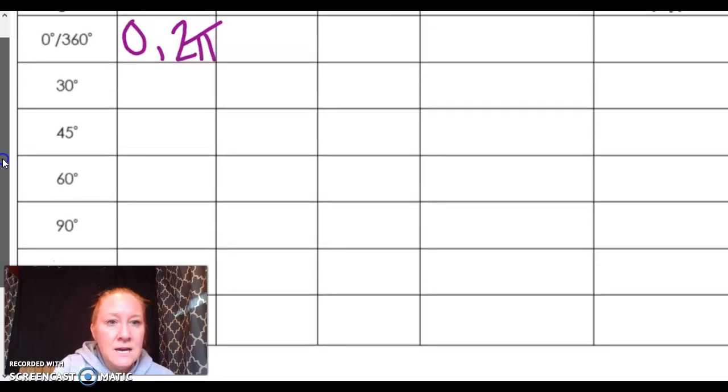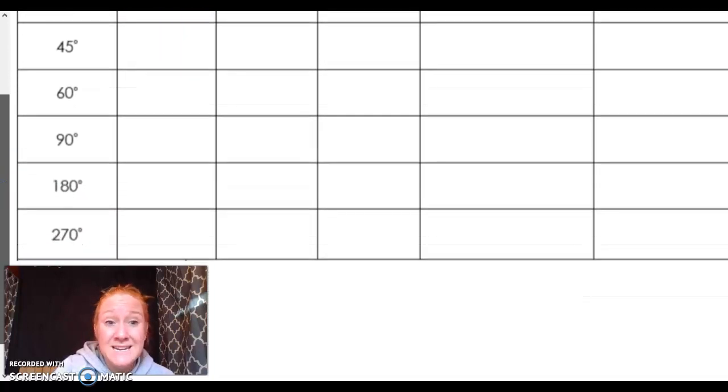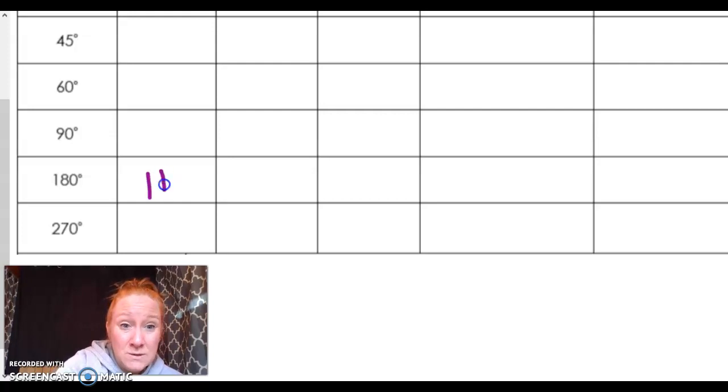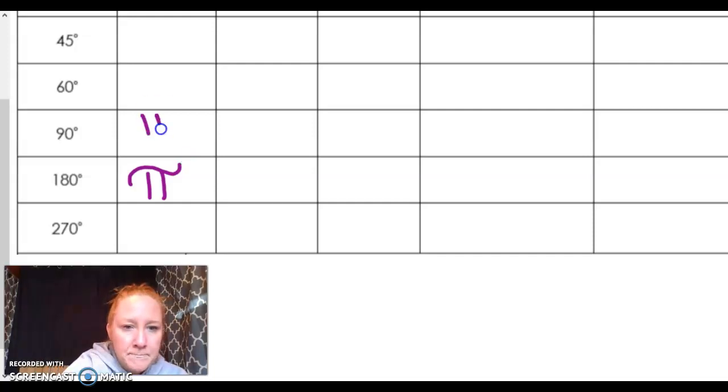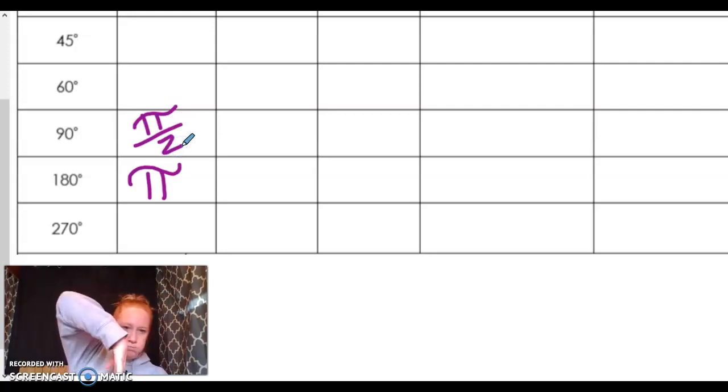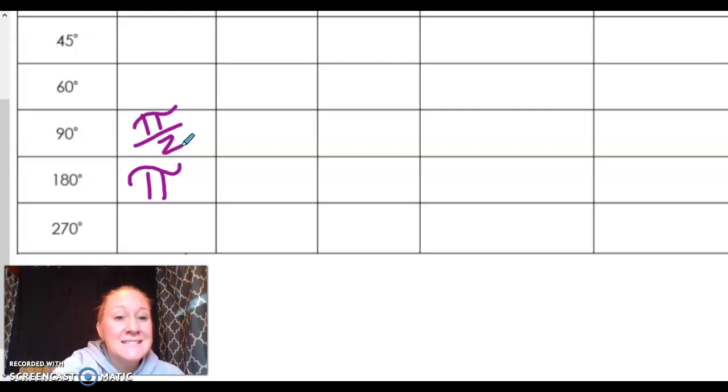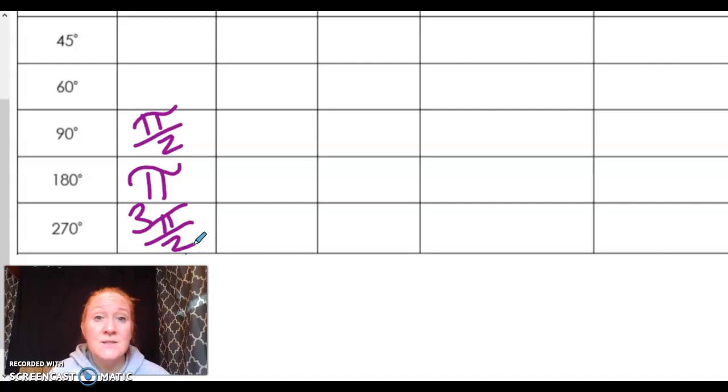Let's see. If 360 is 2 pi, then 180 is 1 pi. 90 is straight up. That's half of a pi, or pi over 2. And then 270 is down like this, straight down. So that's 3 pi over 2. Okay, those are going to be super valuable.